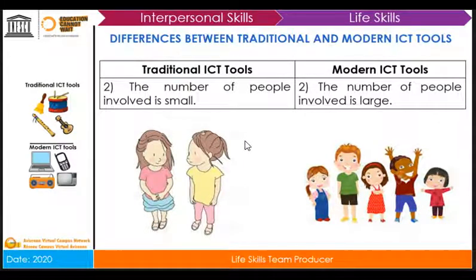The second difference between traditional and modern ICT tools is that with the traditional ICT tools, the number of people involved is usually very small.